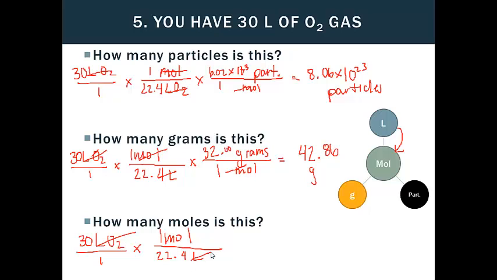So liter would cancel liter. So my answer is going to be 1.34 moles of oxygen. So to do the first one, we took liters to moles to particles. The second one, liters to moles to grams. And the last one was just liters to moles.